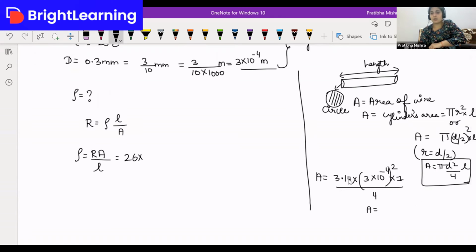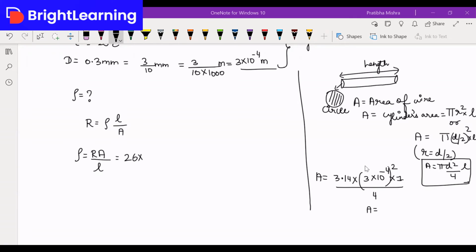Okay, area is this whole. So did anybody calculate the area? Can you calculate and tell me how much you get here? Let's check. Okay, just do the calculation. 3.14 into 3 into 10 to the power minus 4.